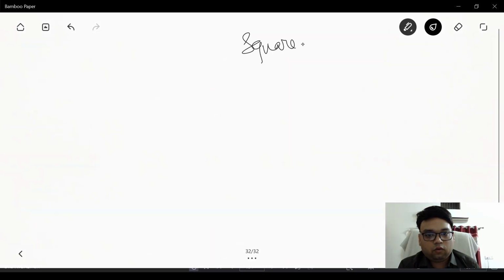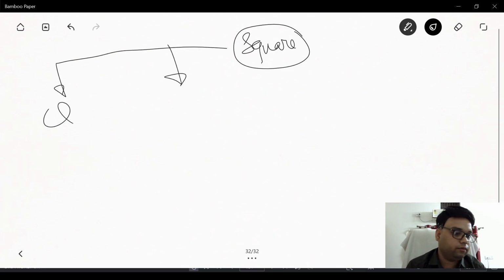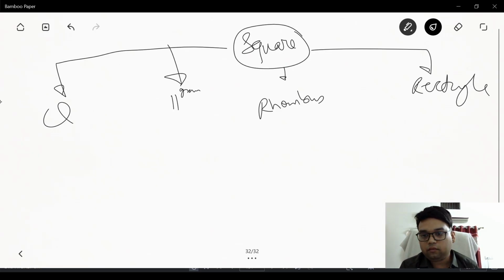Why can a square be a quadrilateral? Why a parallelogram? Why a rhombus? And why a rectangle?